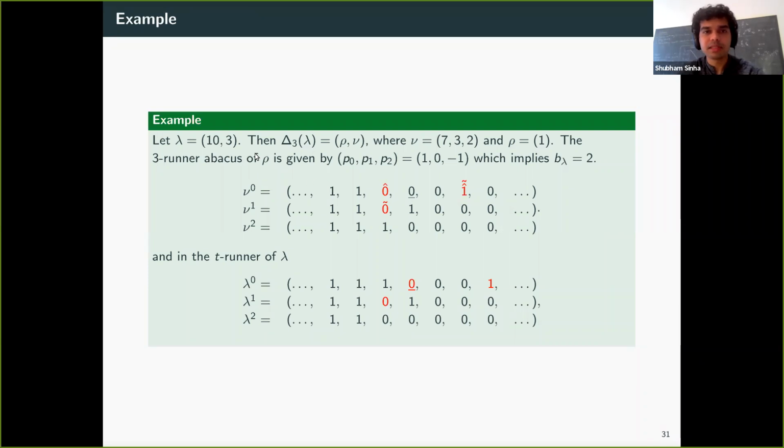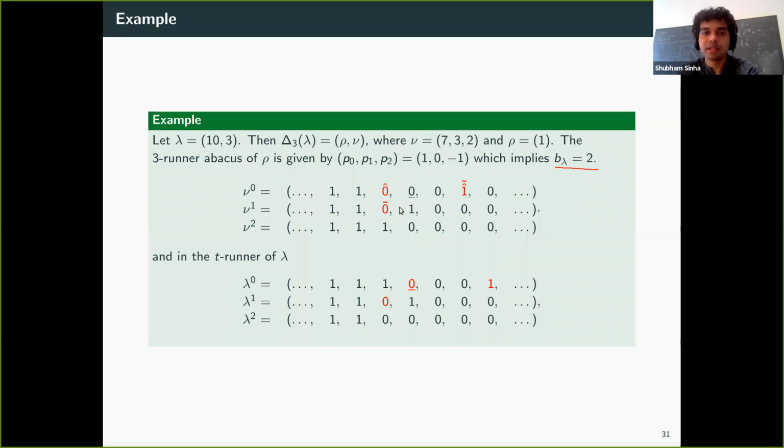So let's look at what canonical smoothing would look like for the partition 10,3, where nu is 732, which we have been dealing with so far, and rho is 1. That gives you, as we saw earlier, B lambda to be 2, so things which are 2 apart.